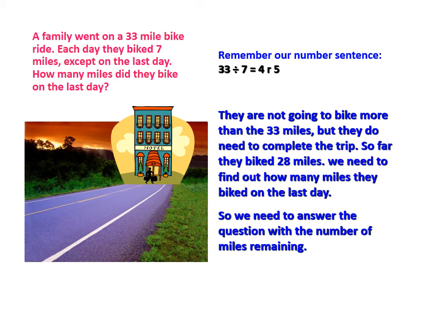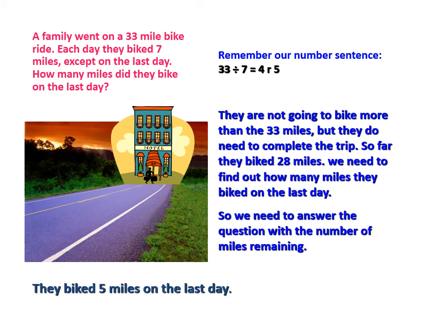So far, they've biked 28 miles. That was that 7 plus 7 plus 7 plus 7. We need to find out how many miles they biked on the last day. So we need to answer the question with the number of miles remaining. They biked 5 miles on the last day. You could almost think of this as a difference too.